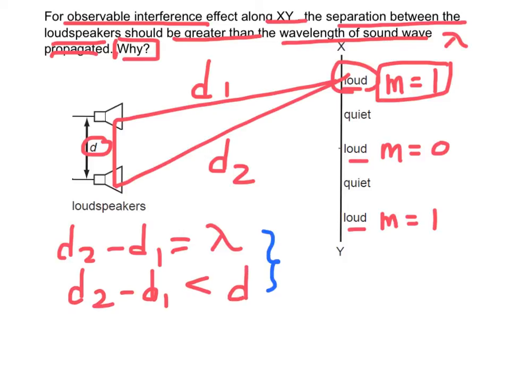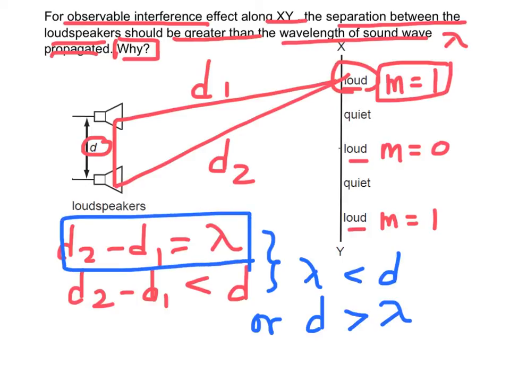From this, we see that lambda must be smaller than d, or d must be larger than lambda in order to have the first order maximum to be observed.